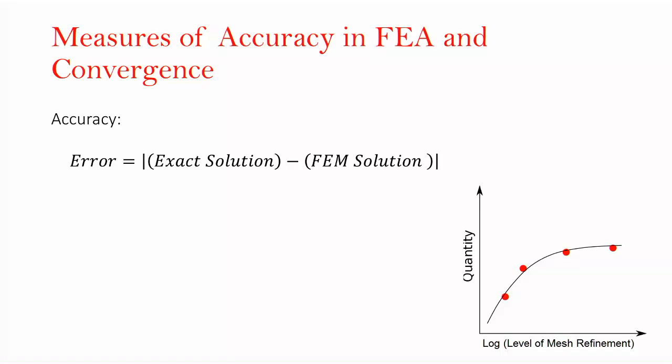So now imagine that there's a complex problem. We don't have the exact solution. We solve it using either your own code or commercial software like Abaqus. How do you know that the solution is valid?